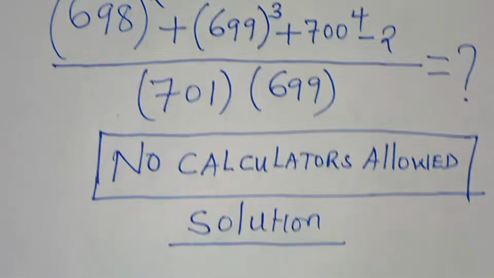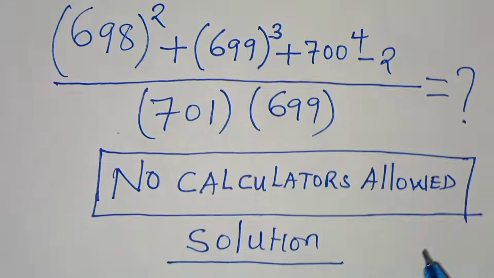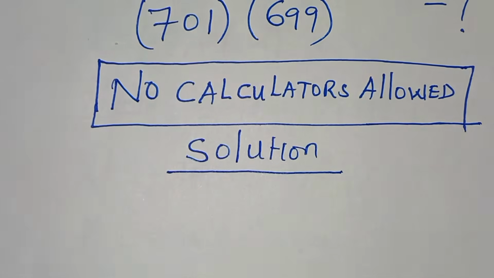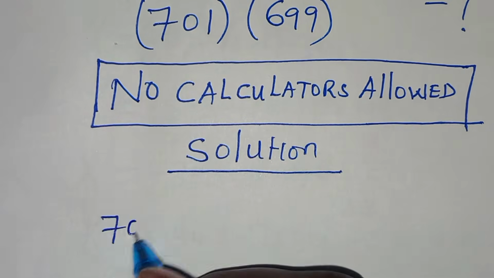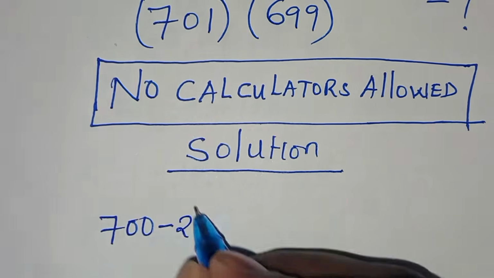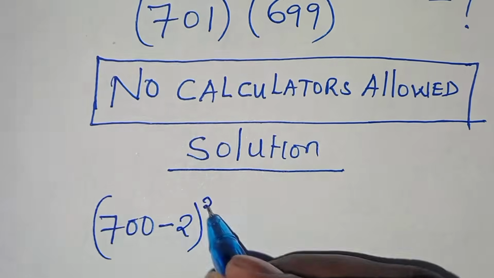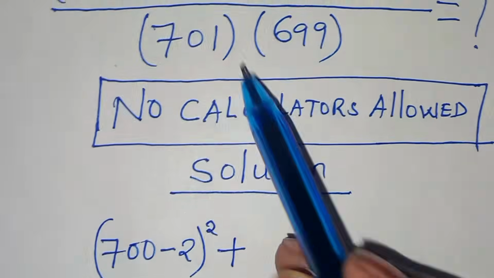The first step here, we can express 698. This is the same thing as 700 minus 2, raised to the power of 2, then plus 699.